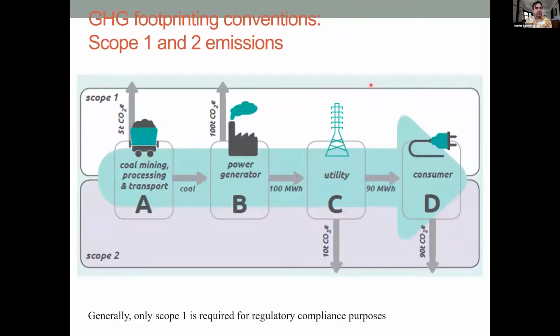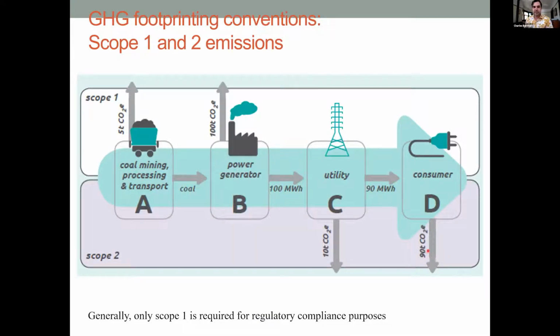All right, so talking a little bit more about Scope 1 versus Scope 2. And this is another thing we need to be a little careful about, that we don't double count these emissions. It's kind of relative, right? So here's a consumer at a house.